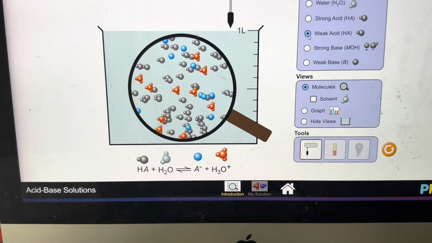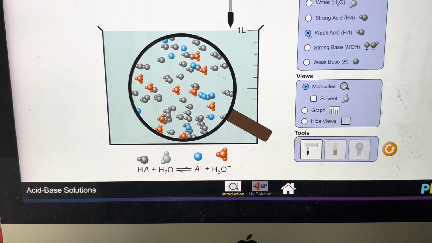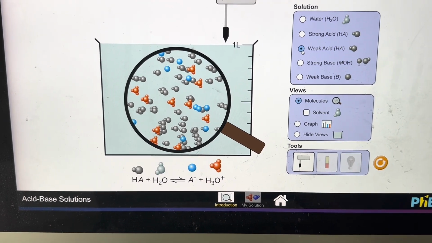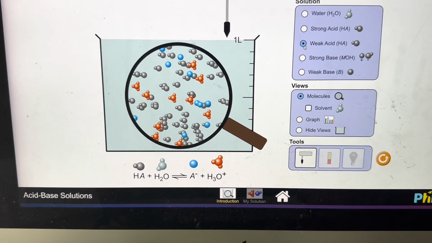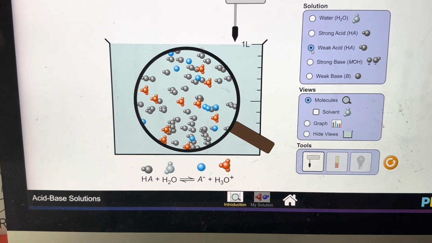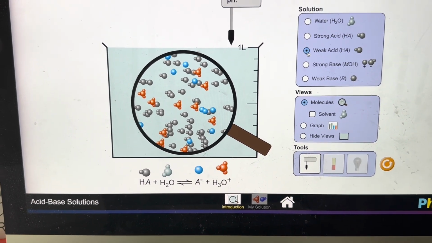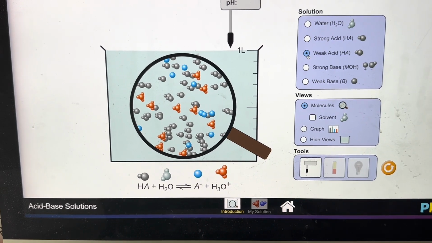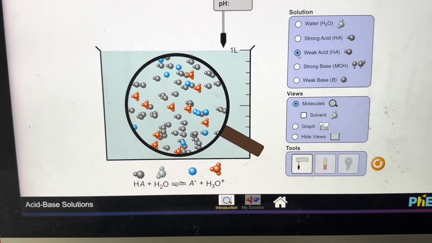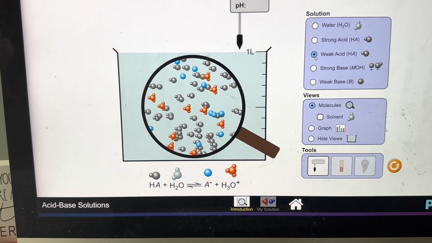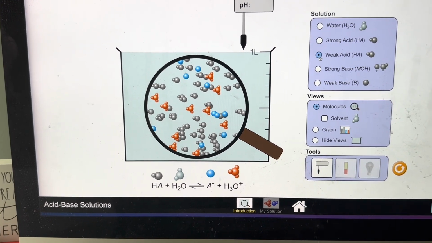It doesn't donate its hydrogens as much as a strong one. So the strength or weakness of an acid or a base is not in how corrosive it is or how much it dissolves a fat. The strength of an acid has more to do with how many hydrogen ions it donates or how many it accepts, right?